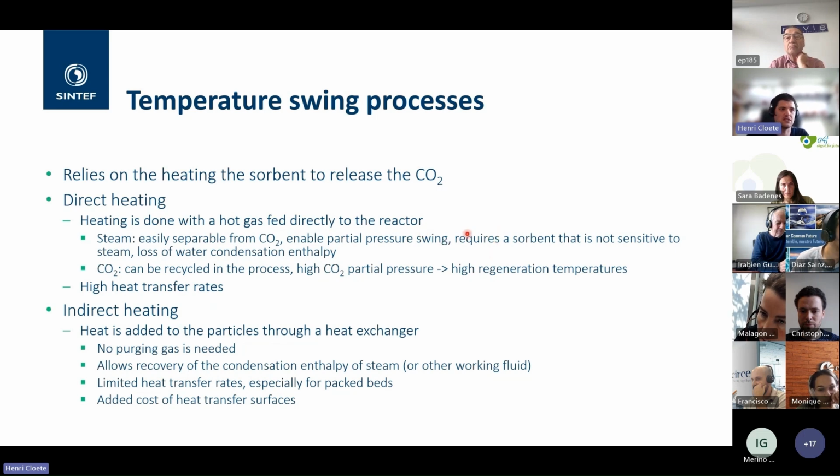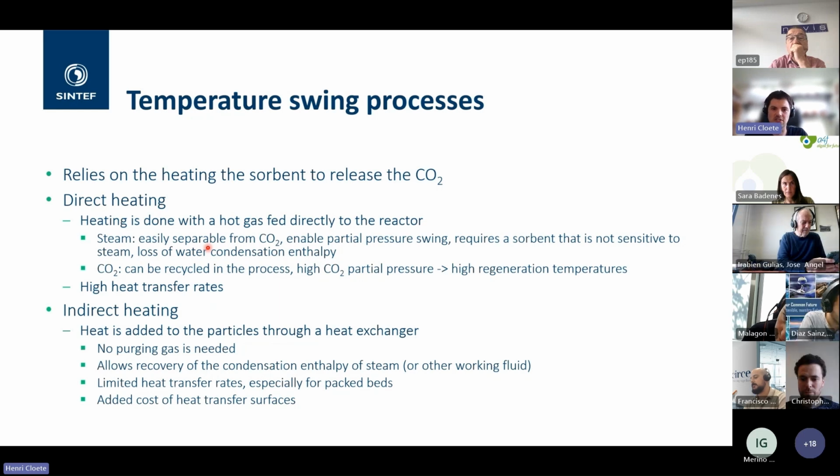But the challenges are that you firstly require a solvent that's not sensitive to steam, as I mentioned with this challenge. But then probably the biggest issue is that since you have to condense all of your steam again at the end, you can't really recover that energy from the condensation entropy at a usable temperature. So you have to add a lot of steam to be able to do a certain amount of heating, which makes the process quite energy inefficient.